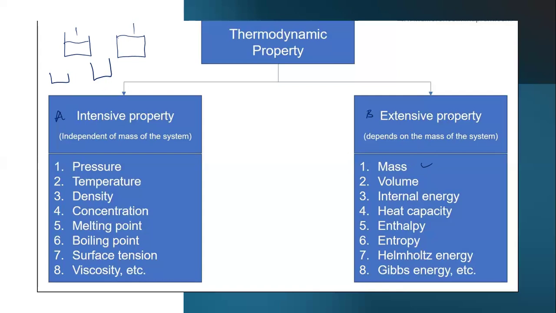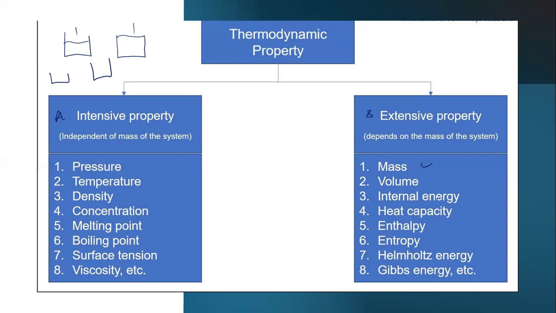So looking at other examples of the extensive properties, we have the internal energy, the heat capacity, enthalpy, entropy, Helmholtz energy, and the Gibbs energy. So these are extensive properties. So tomorrow when I come to you and I talk about the internal energy, you have to understand what type of property I am talking about.